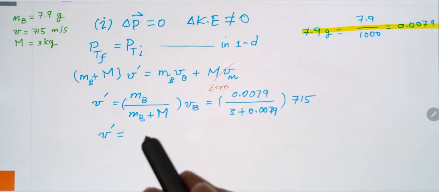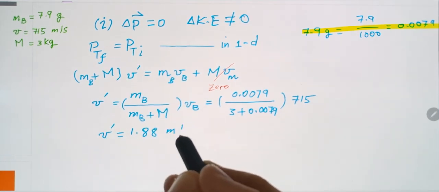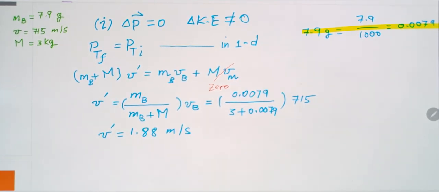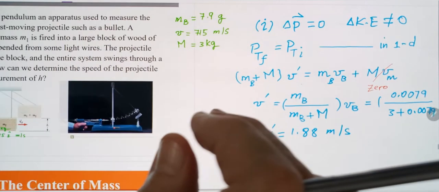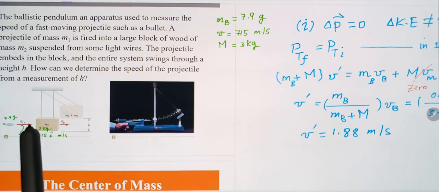So it will be 1.88 meters per second. So now the block and the bullet are moving with a speed of 1.88 meters per second.